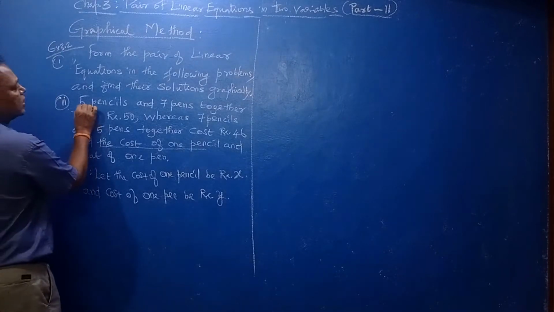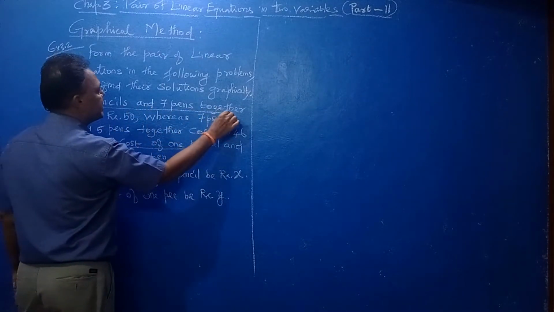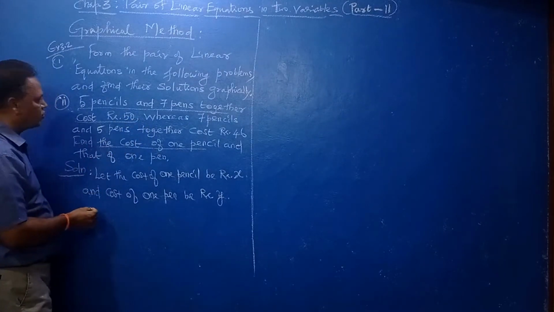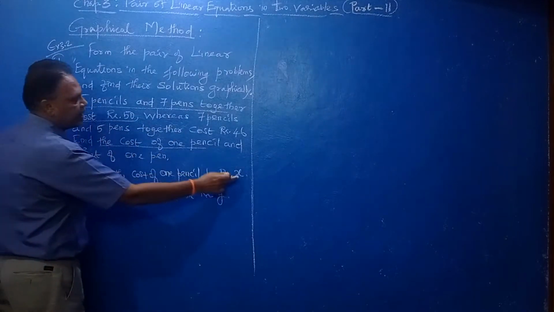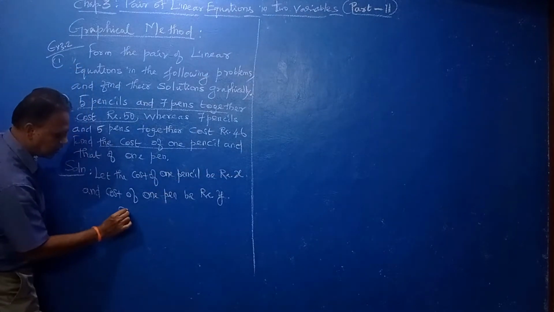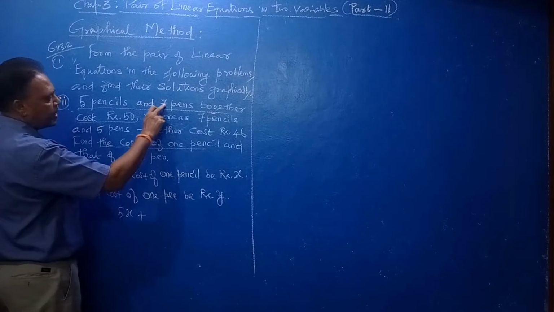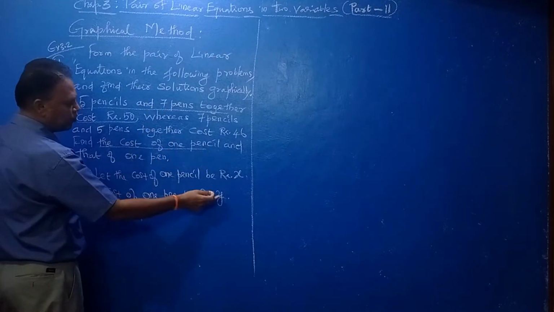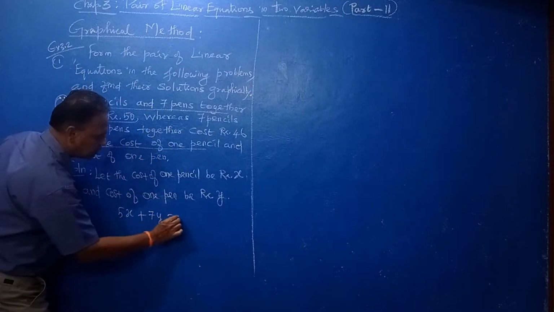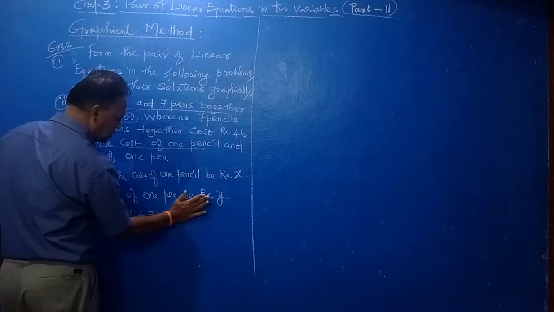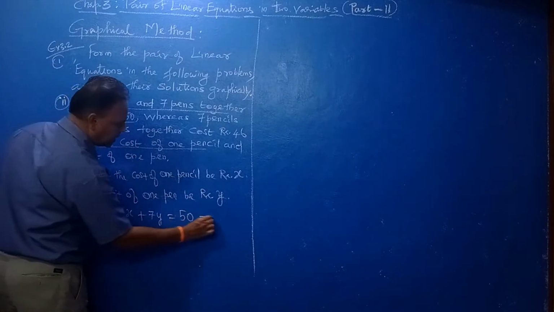The first statement is: 5 pencils and 7 pens together cost 50, which means you can frame one equation, right? 5 pencils means 5 into X, plus the pen cost, that is 7 into Y, 7Y, is equal to rupees 50. Total cost rupees 50. You will get one equation.